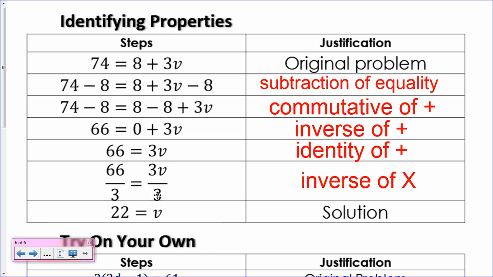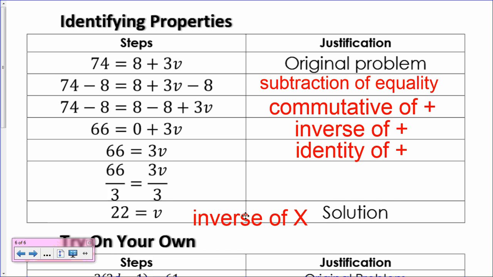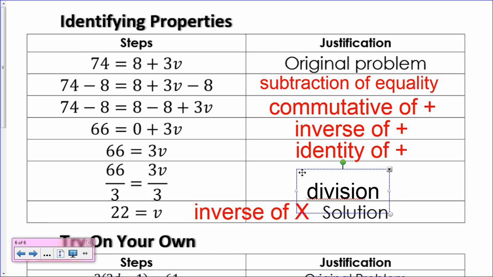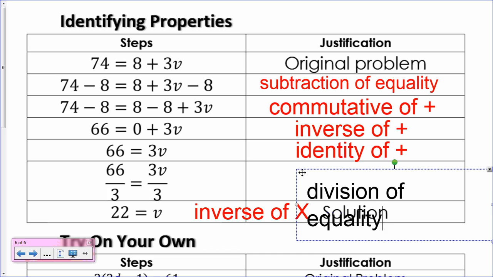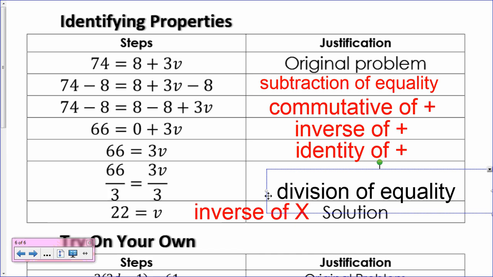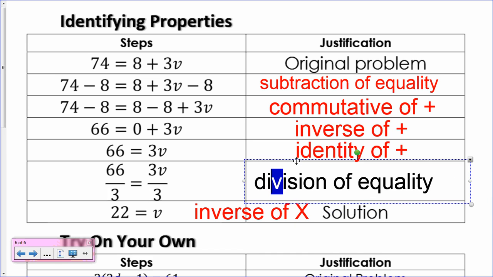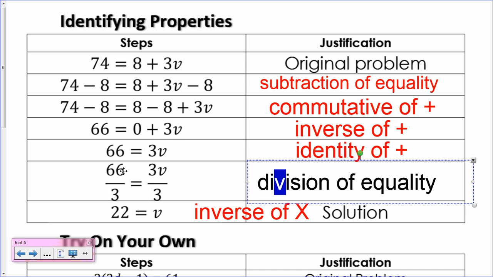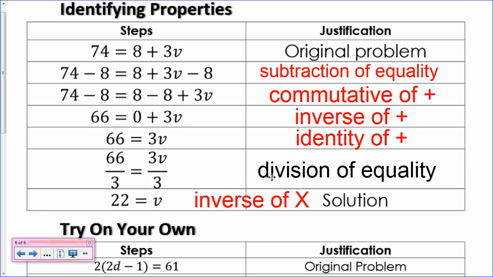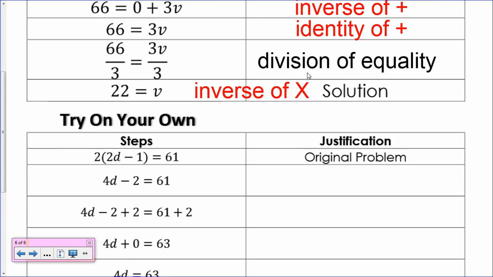This one should actually be down here, right? This should be the division property of equality, because I divided both sides. Let's get that to actually fit. Division property of equality. And then to get from 66 divided by 3 to 22, and 3v divided by 3 to get to v, that's the inverse property of multiplication. So that's what happened there.